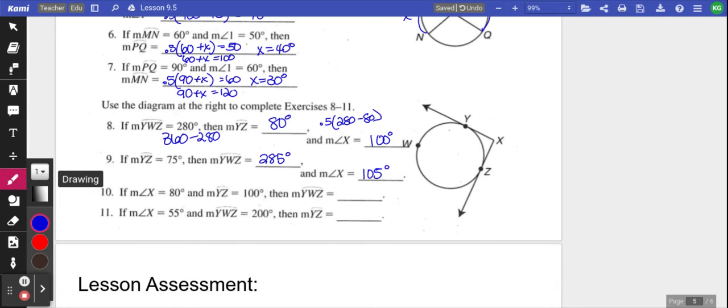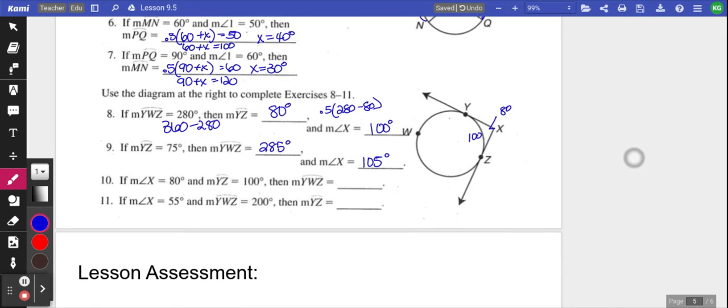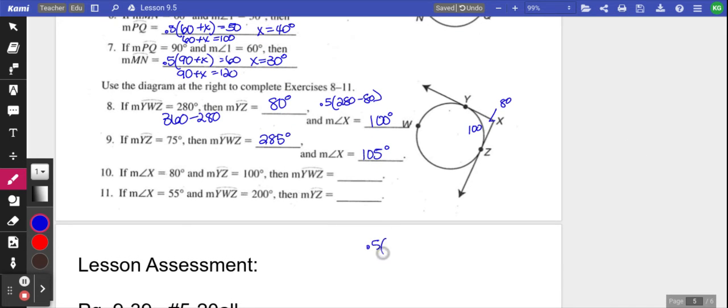Next, if measure of angle X equals 80 and YZ equals 100, then WYZ equals. Now there's two ways we could go about solving this. We can set up our formula, which said that half of their differences, so if I do X minus 100, should equal 80.